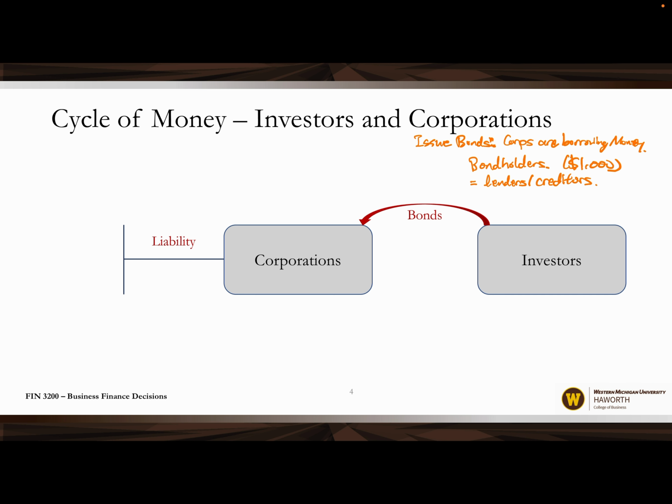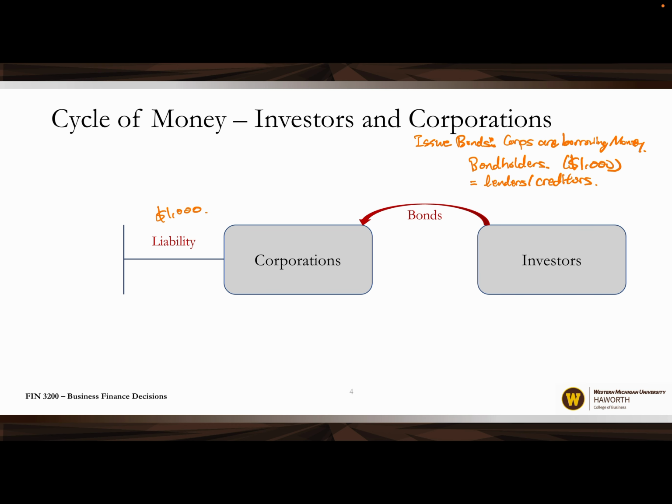I know that you guys took an accounting course, it's a prereq. So this $1,000 gets recorded on the liability side of the balance sheet.